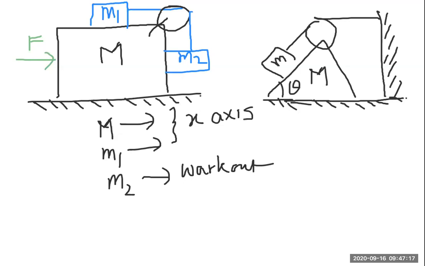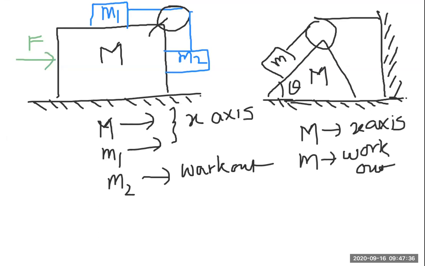So M along the x-axis, right? Capital M's motion will be along the x-axis, but small m's motion will have to be worked out. It will be in the xy plane, so we'll have to work out the exact direction of acceleration, right?